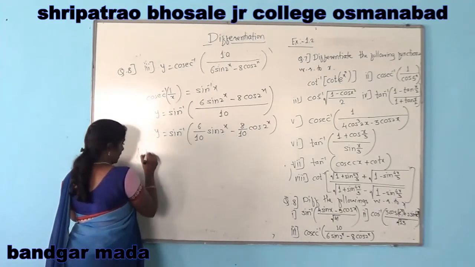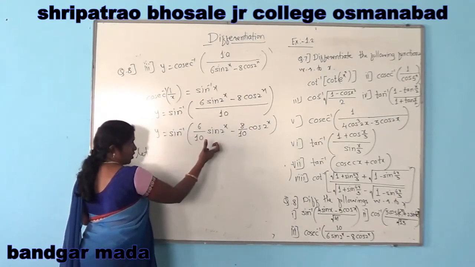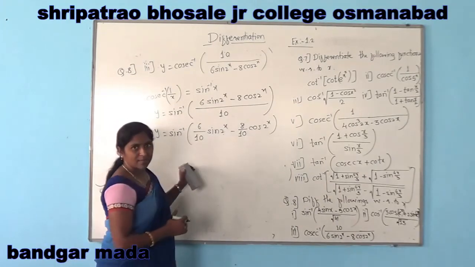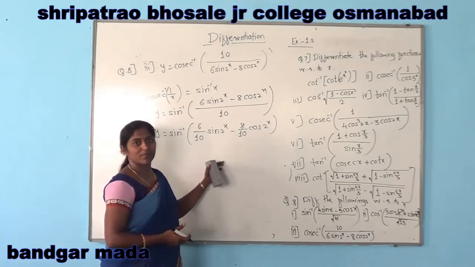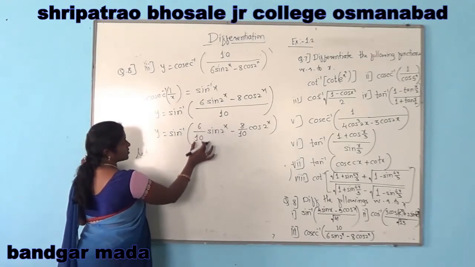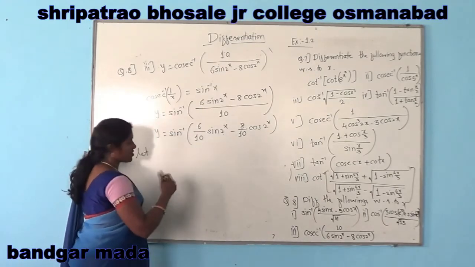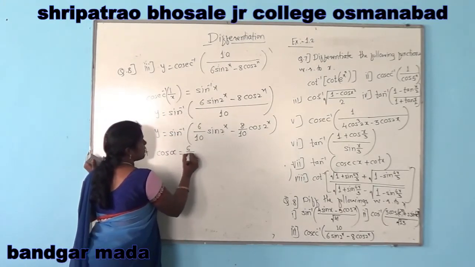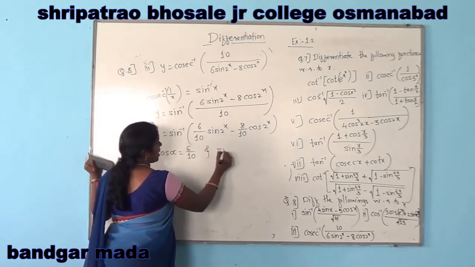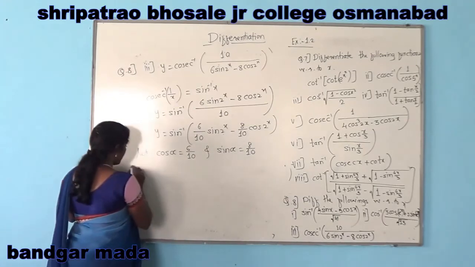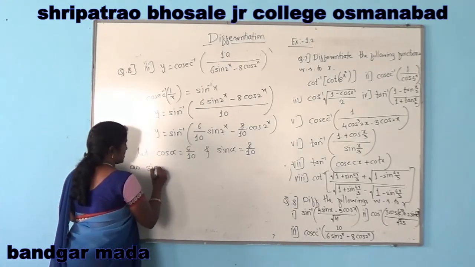Again, let us form sin A cos B minus cos A sin B, which is sin of A minus B. You know the formula. So using this formula over here, you have to use 6 by 10 as cos alpha. Let cos alpha be equal to 6 by 10 and sin alpha be equal to 8 by 10.